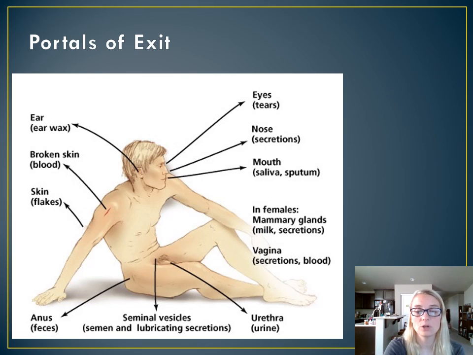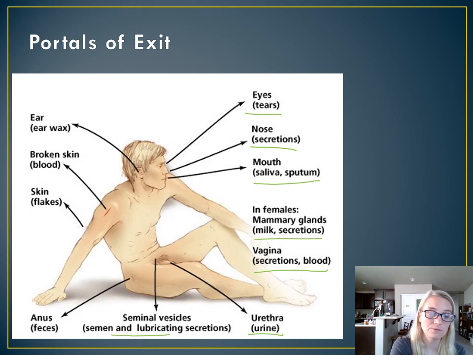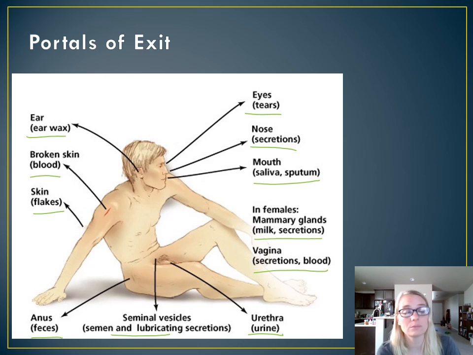So we have secretions, tears, snot, saliva, sputum, milk, vaginal secretions, urine, semen, feces, skin flakes, blood, and earwax. Basically anything that can come off of your body or out of your body, depending on the pathogen's prime location, you can spread and share that infectious disease.